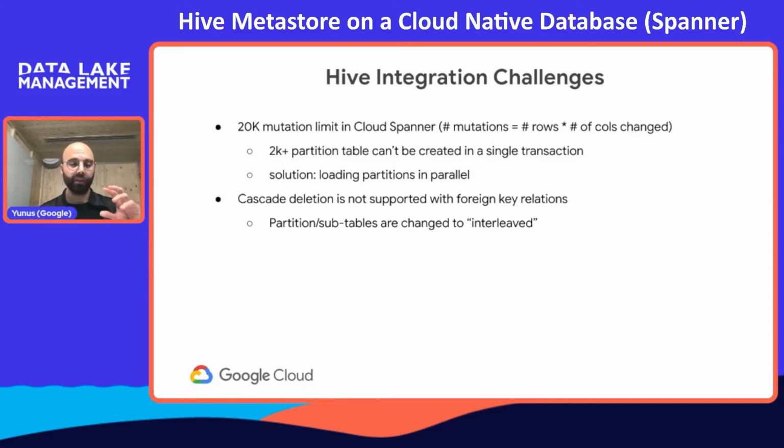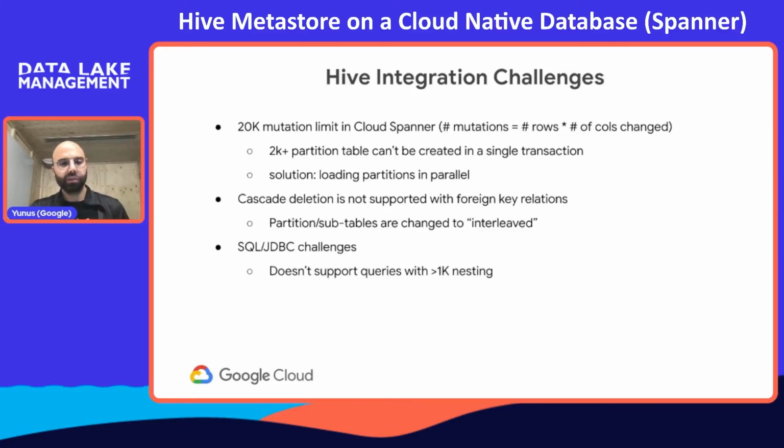You can embed the second table underneath the other, and they appear in the same location on the disk, so that it is faster to read them. And when you delete, cascade deletion is possible. So we had to change the schema of a few tables.